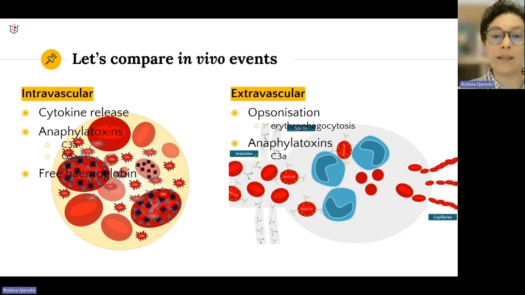So we've got different biological substances due to the initial antibody-antigen reaction that can quickly spiral out of control. And then with extravascular, we've got opsonization leading to erythrophagocytosis, and we may also get some anaphylatoxin release, which is C3a. So that can still cause lots of damage to the patient.